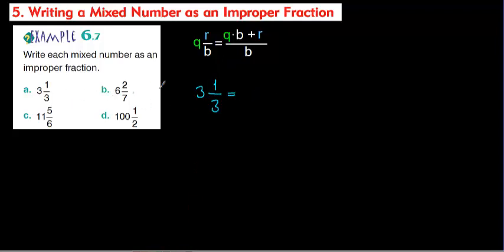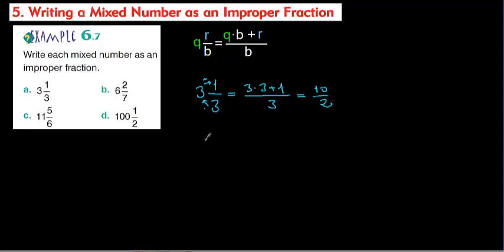Here you multiply 3 times 3, then you add the numerator. 3 times 3 plus 1 over 3 is equal to 9 plus 1 over 3, which is 10/3.